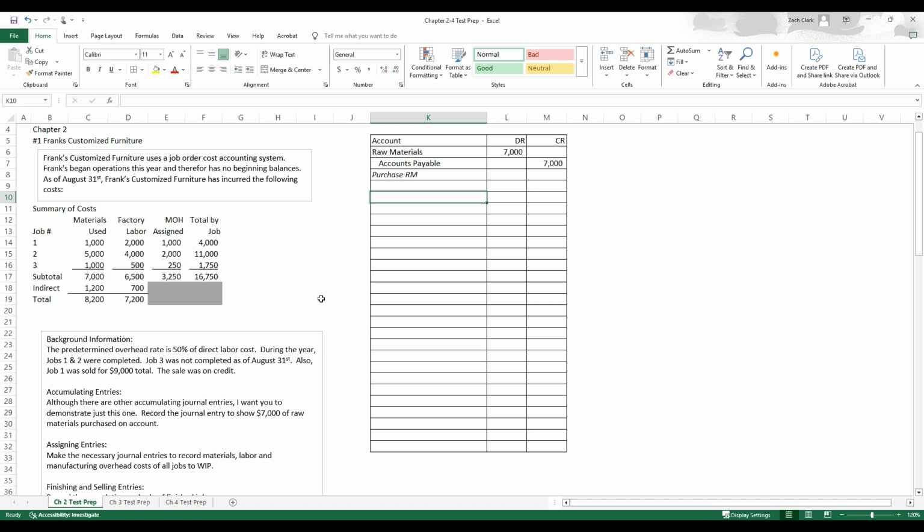Then we're going to do journal entries that underlie the amounts here. The first one we want to do is our raw materials, and we can do these all in totals. They're detailed here, but we're just going to do them by the totals down below. So total direct materials to go into WIP, work in process, was 7,000, which we can see here.